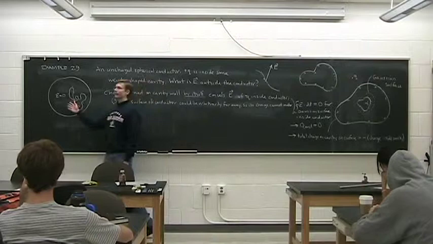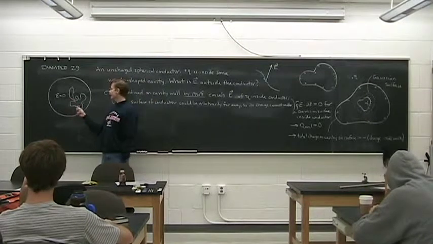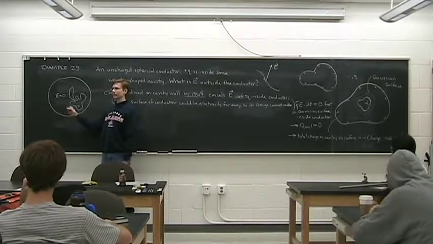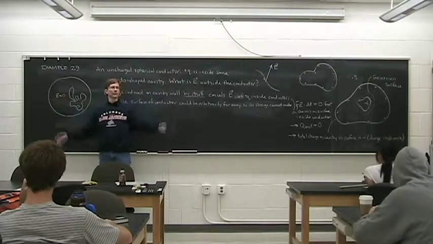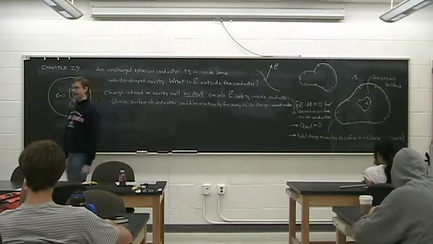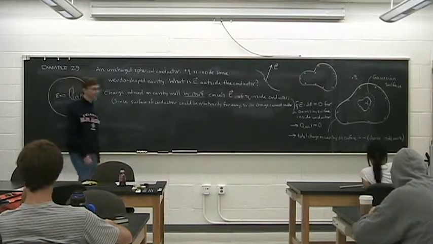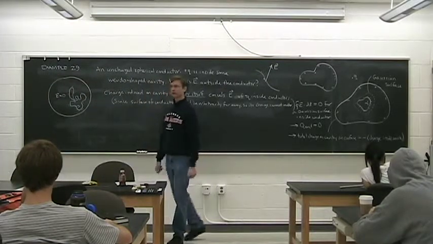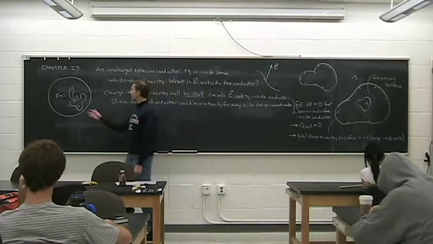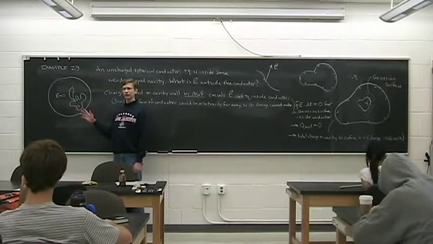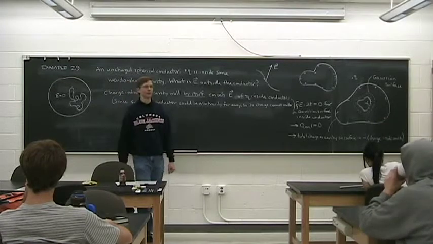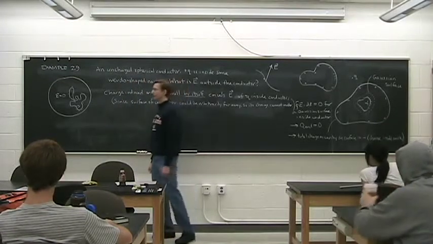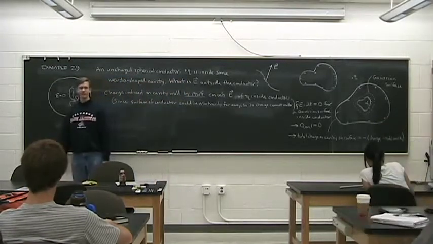But then if you think about it, that would mean that it's actually canceling it not just inside the conductor, but really everywhere, because we could make the conductor of arbitrary radius. And again, we're going to prove a uniqueness theorem, which will ensure us that if we can think of some solution that works, it's the only possibility. That's the great thing about a uniqueness theorem, is that it means that if you can dream up some solution, it is the solution.